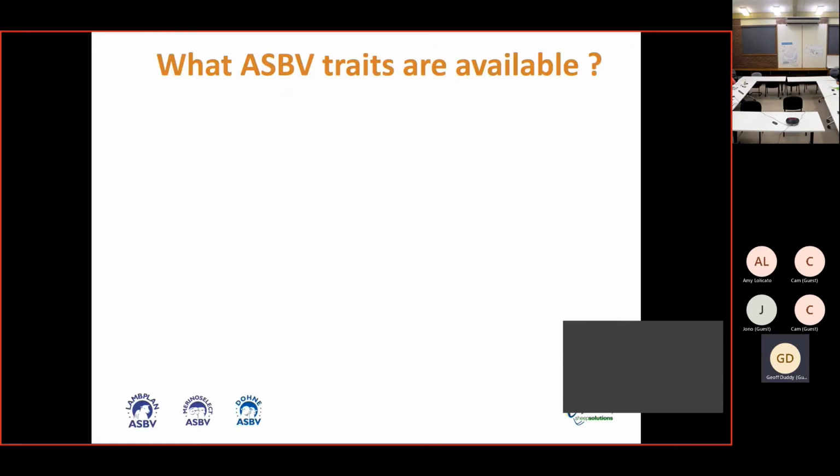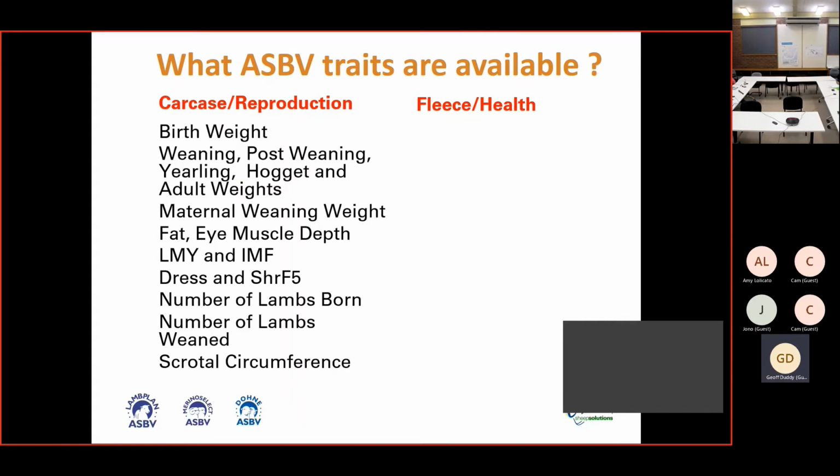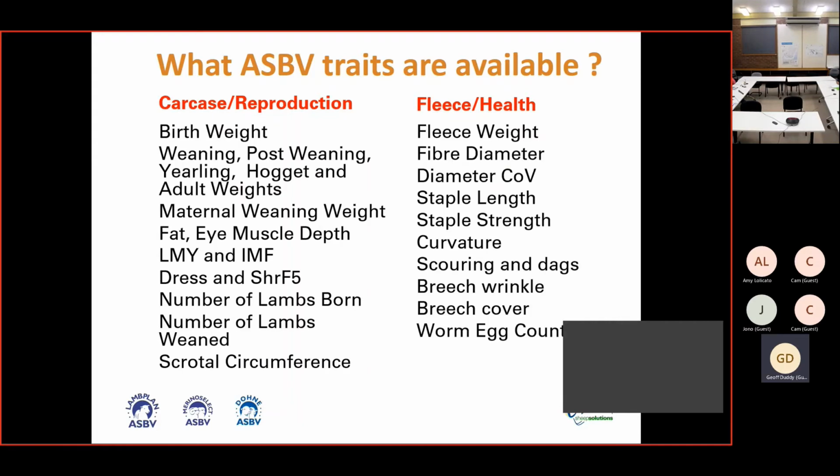So what traits are available? I've broken these into carcass and reproduction, and fleece and health traits, and these are not the total traits. This is the majority of the ones that we generally work on and use. So we have birth weight, we have some growth rate, mature ewe weights, fat, eye muscle, lean meat yield, intramuscular fat.